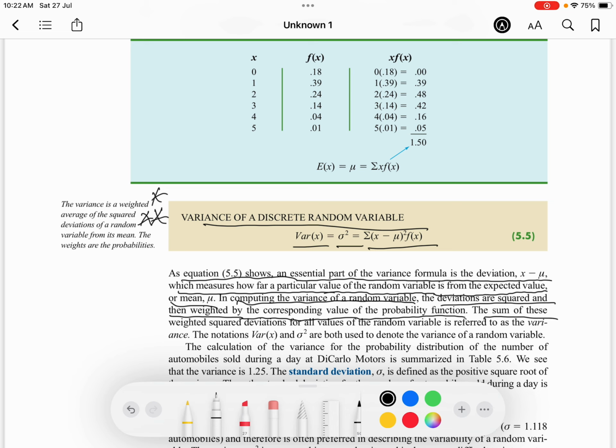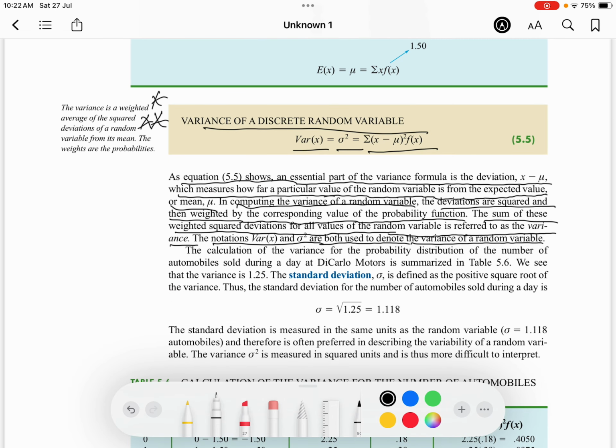The sum of these weighted squared deviations for all values of the random variable is referred to as variance, and the notation Var(x) or sigma square are both used to denote the variance of a random variable.